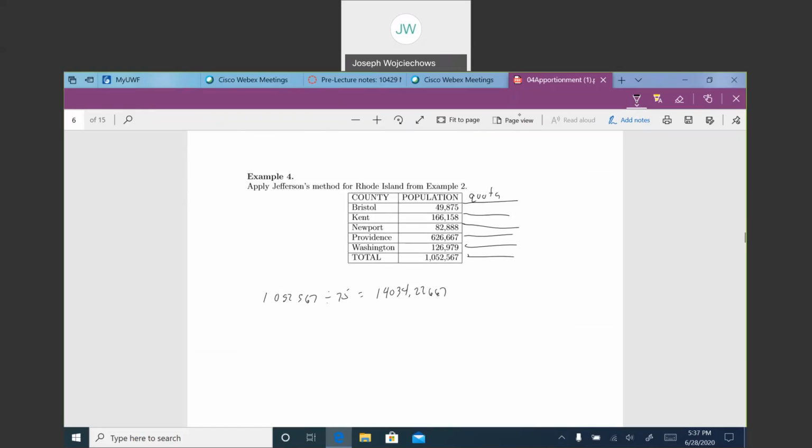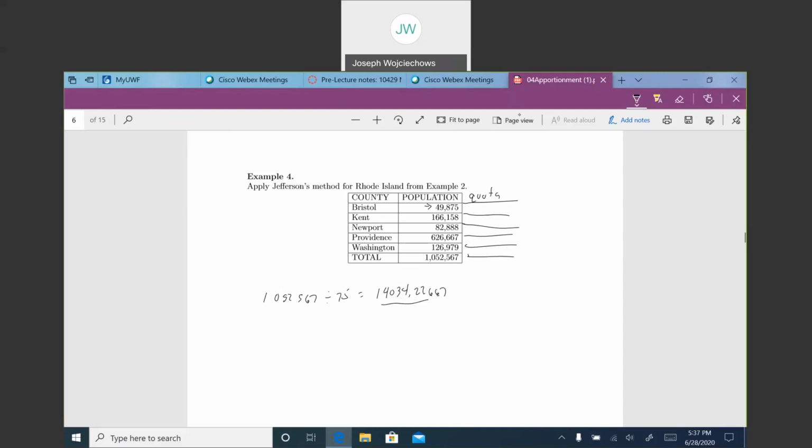And then we're going to divide each individual population by the divisor here.